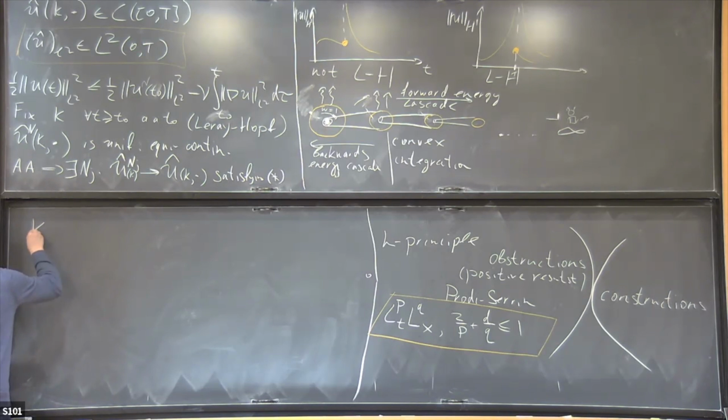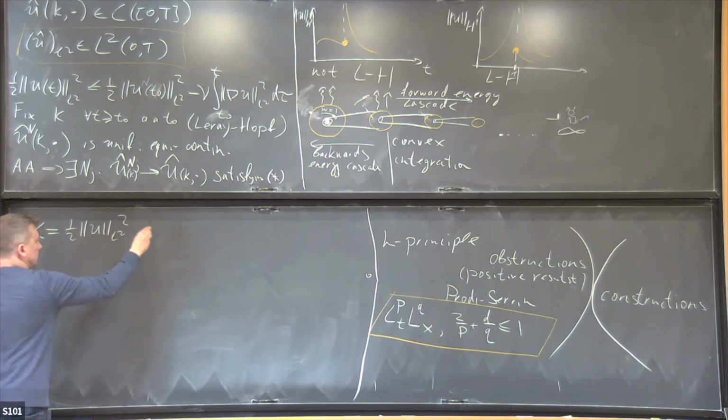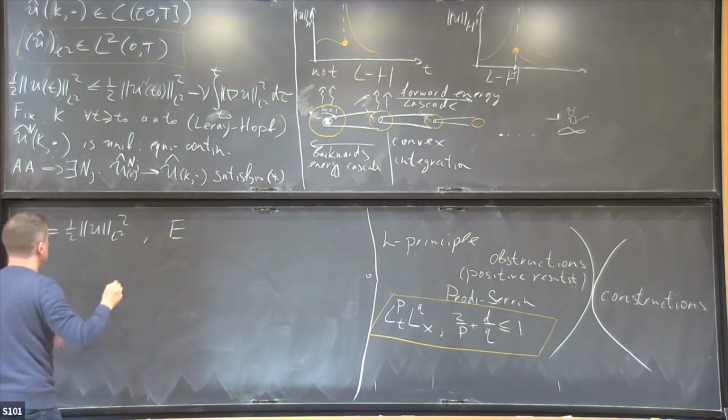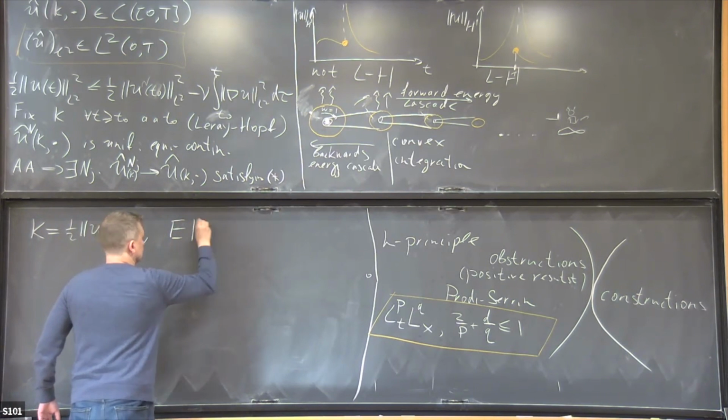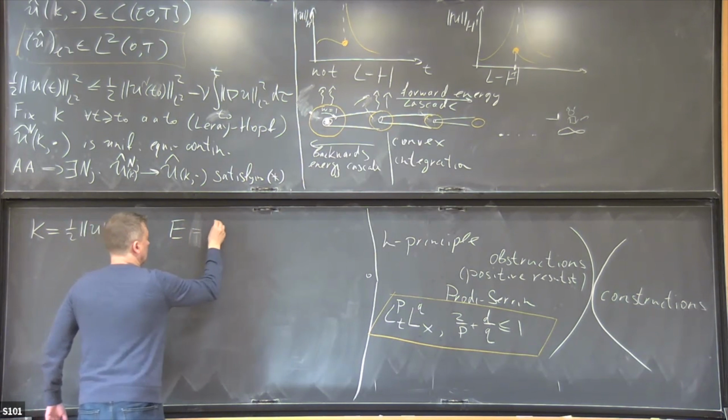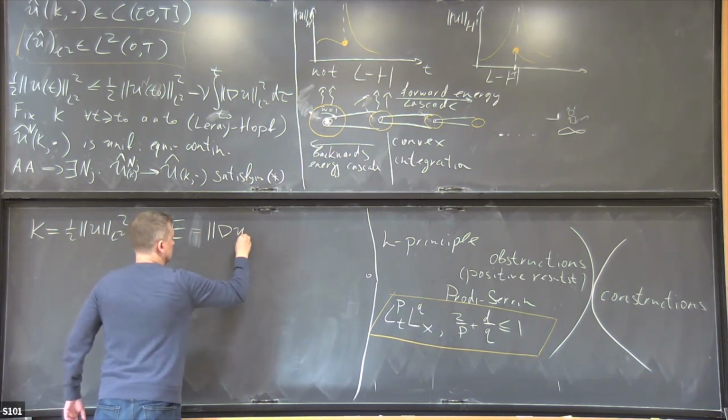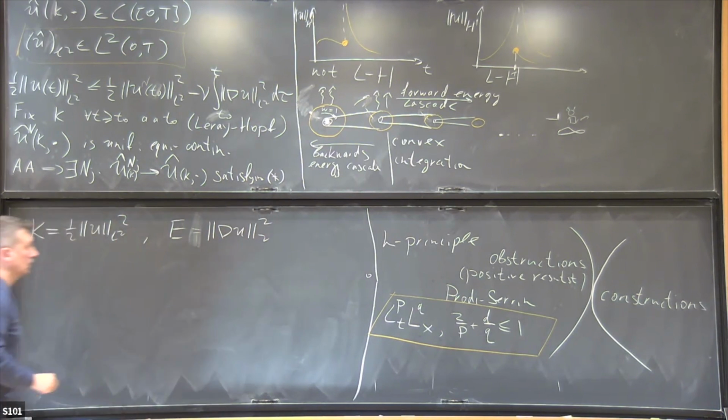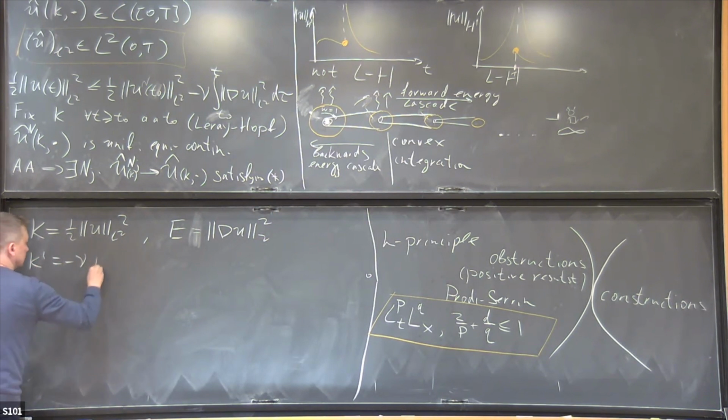Let's just look at the kinetic energy, which is 1/2 of the L2 norm squared, and the entropy. So let's just see what happens to these two quantities. So this is the L2 norm of the grad U. We already learned that, at least for smooth solutions, the rate of change of the energy is minus nu times that. Now, the natural question is what happens to the rate of change of the entropy.